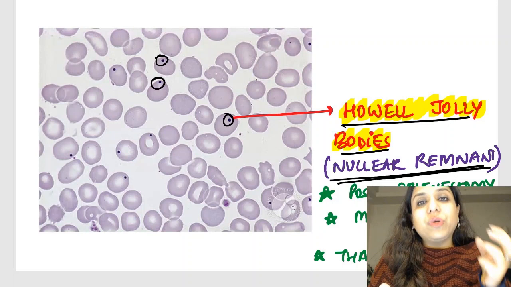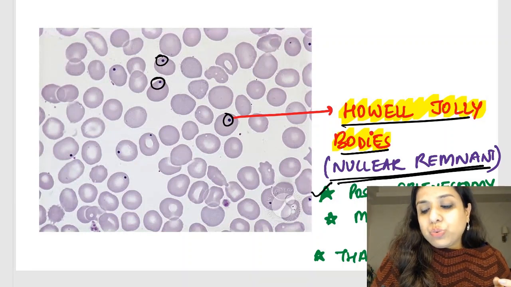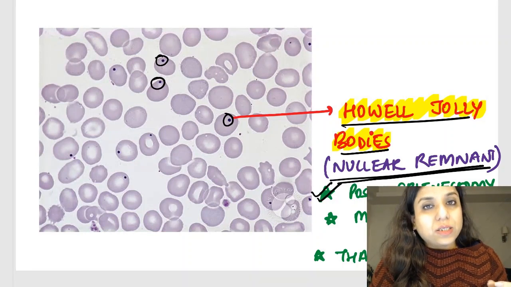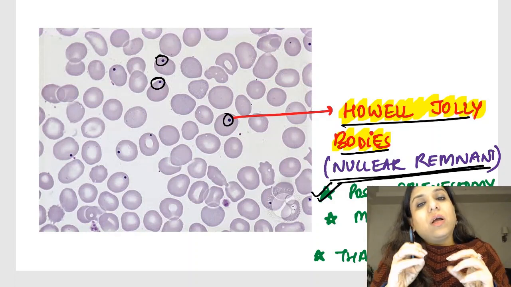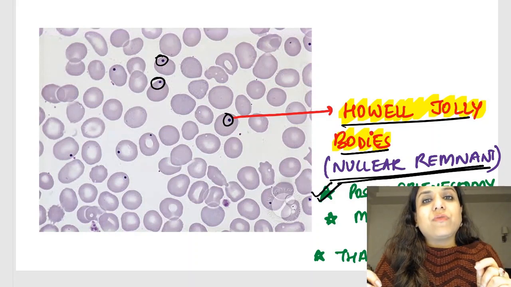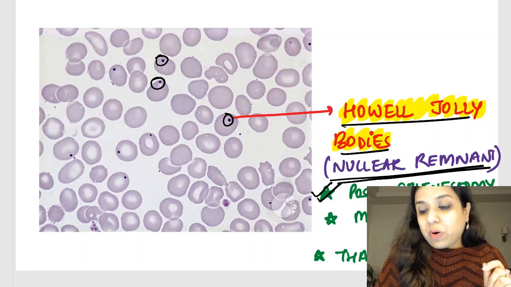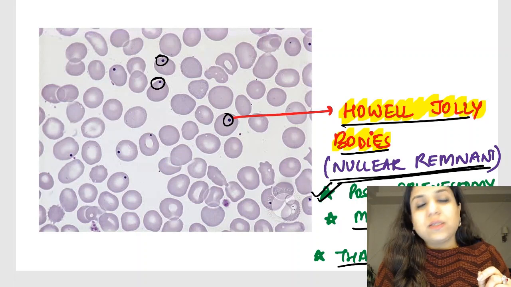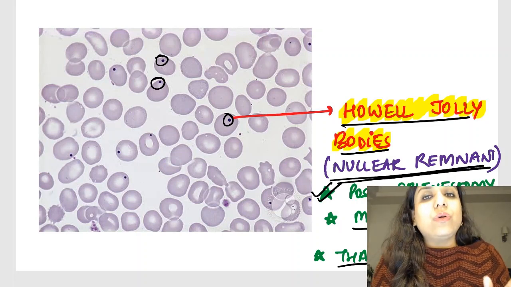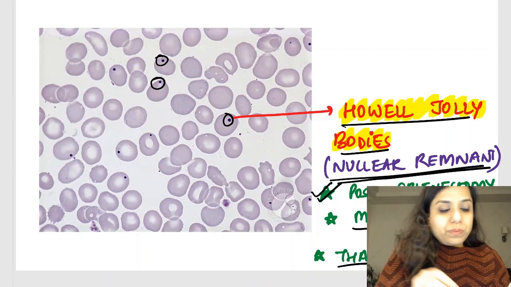They are the remnants of nucleus. And they are usually seen in post-splenectomy. If you take out the spleen of a patient, right, what you see in the RBCs are these remnants of nucleus, and these are called as the Howell-Jolly bodies. They are also seen in megaloblastic anemia and thalassemia, right? So they are seen in all these conditions, right? Next.